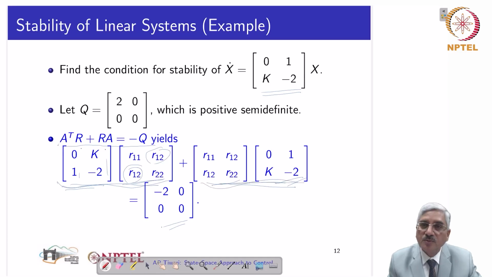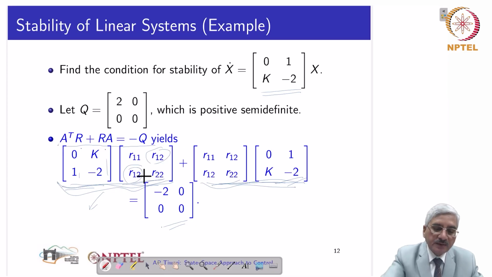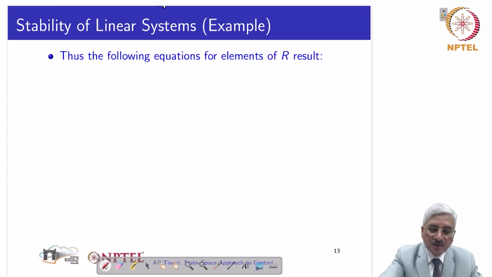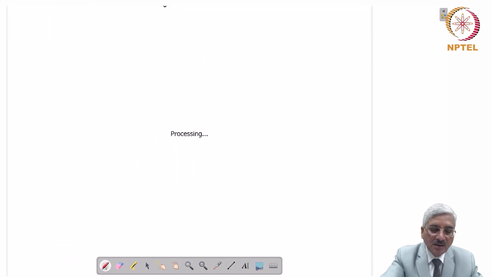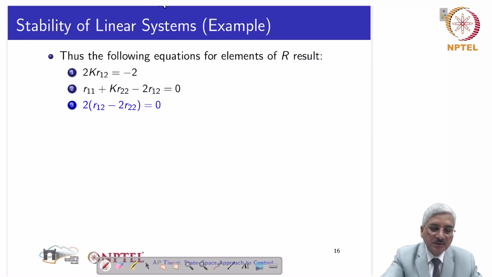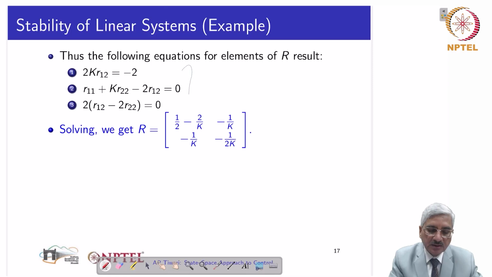RA will be a 2 by 2 matrix, which will be the transpose of this product. Then we sum, so we get a 2 by 2 matrix which contains R's in its various terms, R11, R12, etc. So the terms on the left are to be equated to respective terms on the right, and that will lead to these three equations.